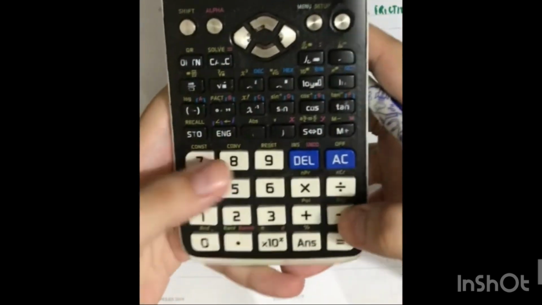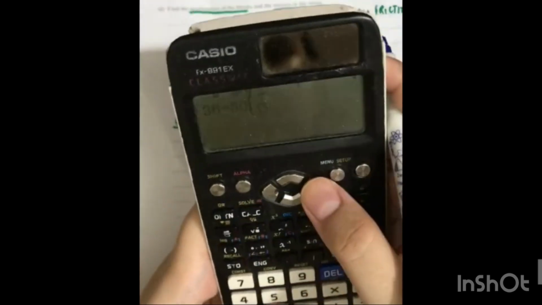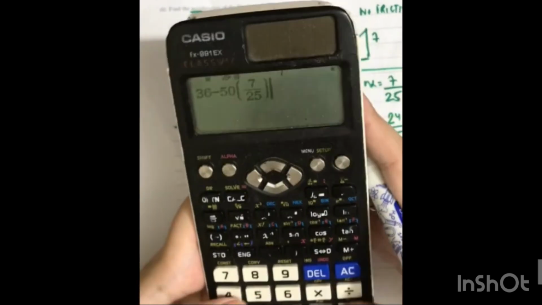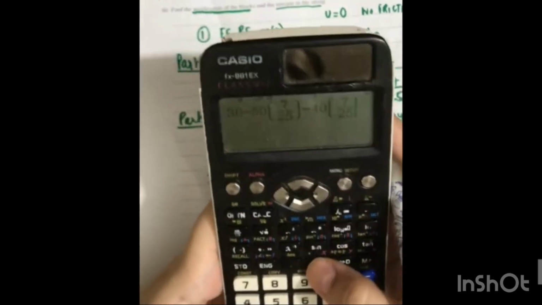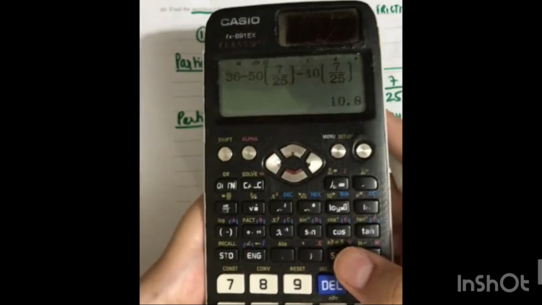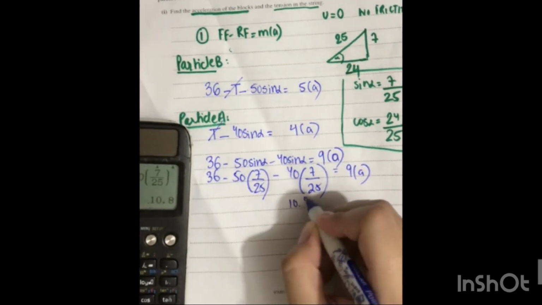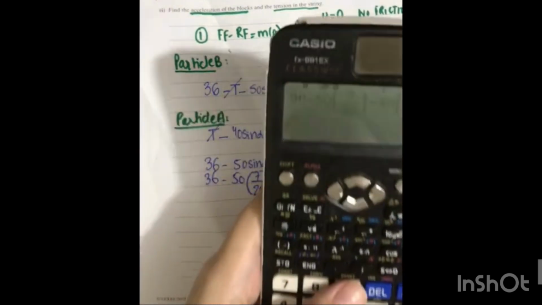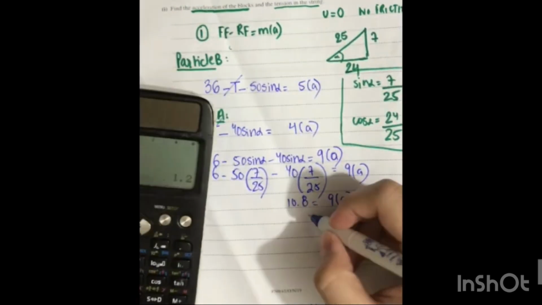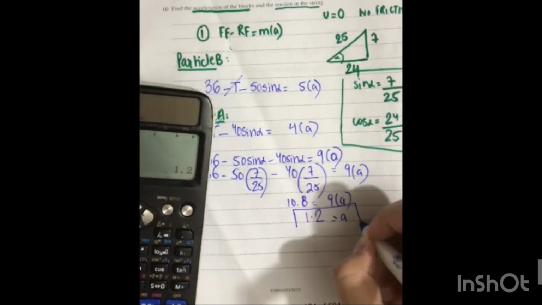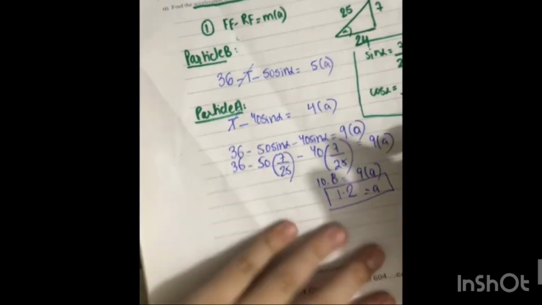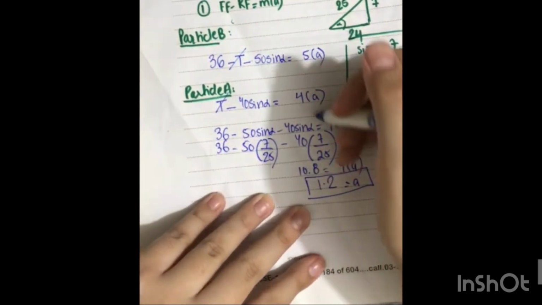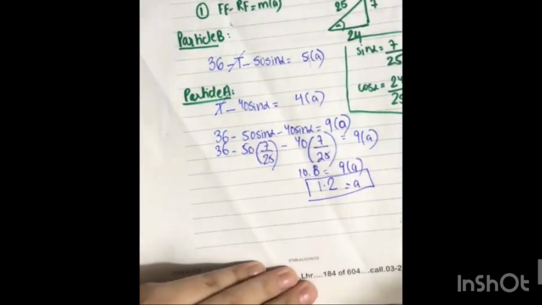So this will become 36 minus 10.8 is equal to 9 times the acceleration, 1.2. Now we can substitute this value of the acceleration into either of these two equations and find the tension in the string.